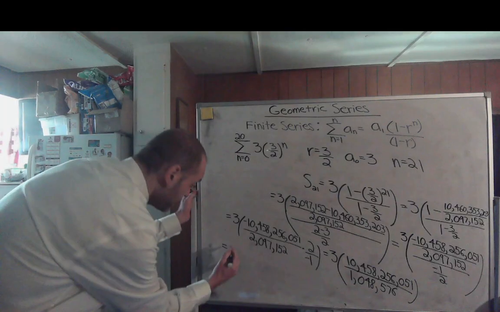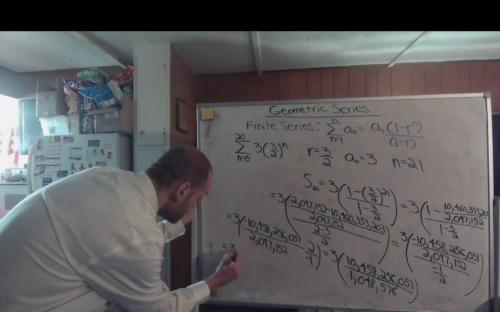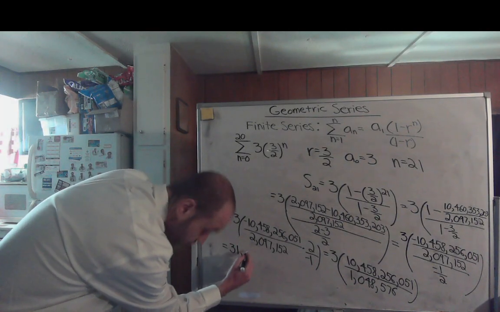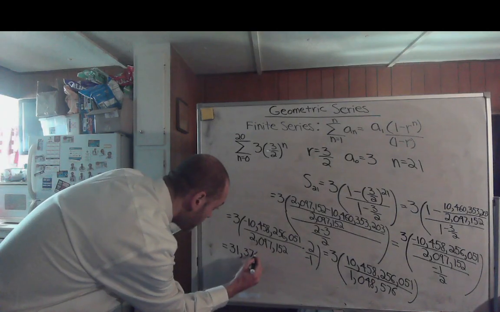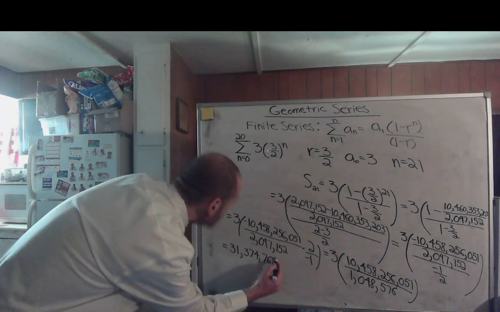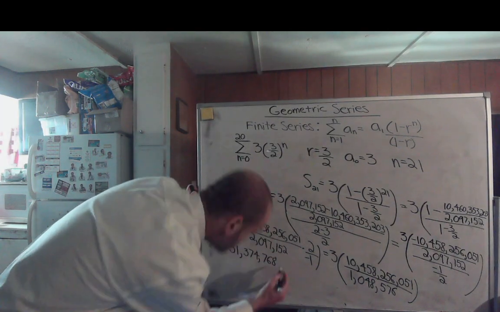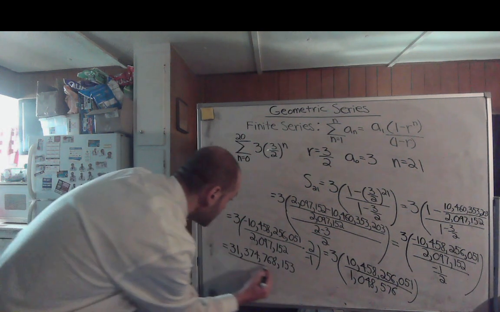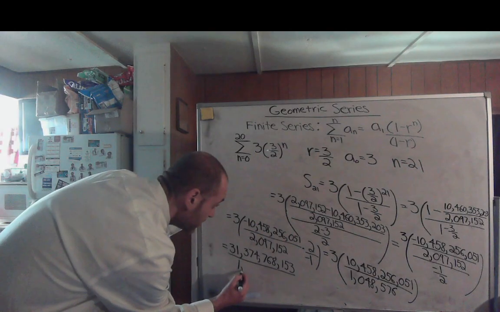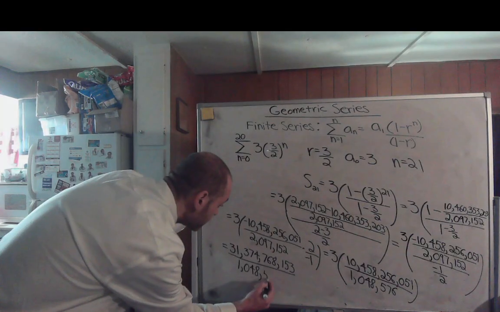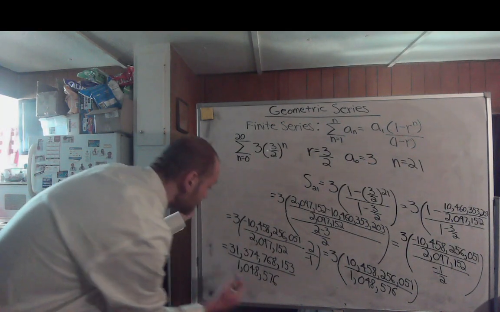You end up getting 31,374,768,153 all over 1,048,576.